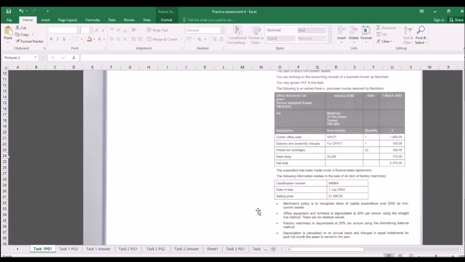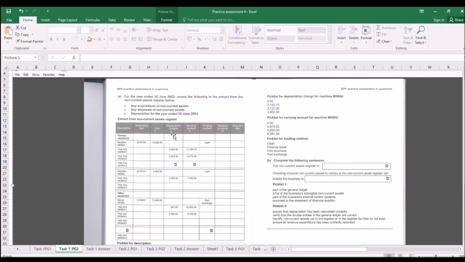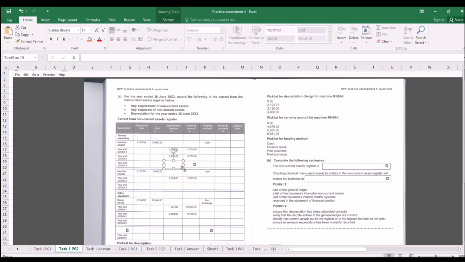Now, did we have factory machinery depreciation, annual basis charged in equal instalments for each full month the asset is owned? Right, okay, so depreciation charged in the year is going to be 0 because we've disposed of the item. 0.